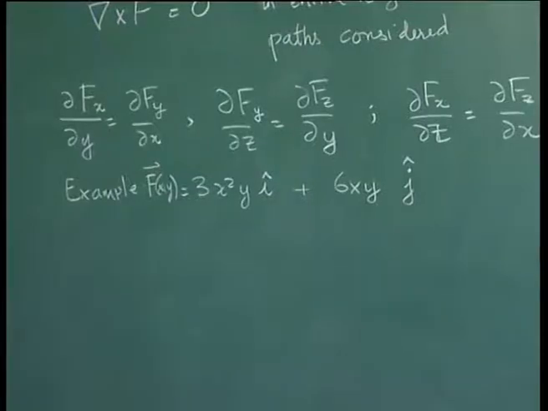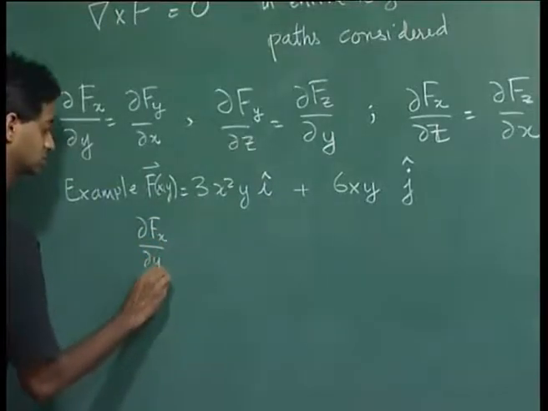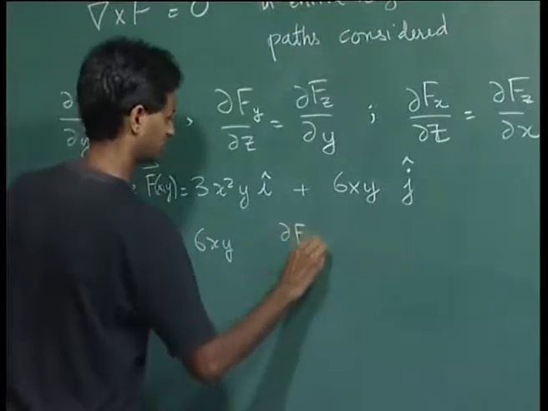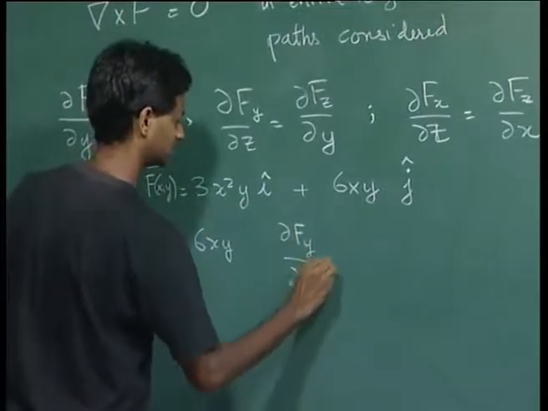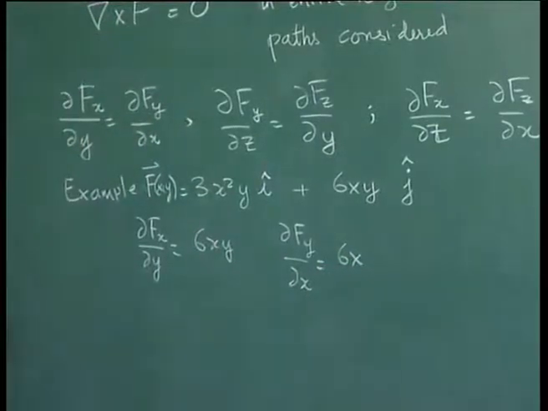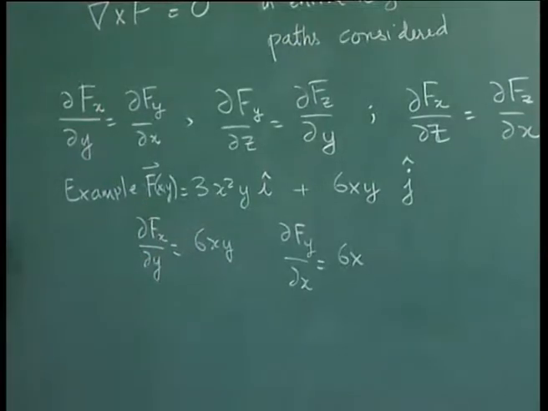If you take this as a force field, then you can see that dou fx by dou y is 6xy and dou fy by dou x is equal to 6x, and these are not equal to each other everywhere. So if you consider any arbitrary region, the work done by this force in different paths will not be the same.